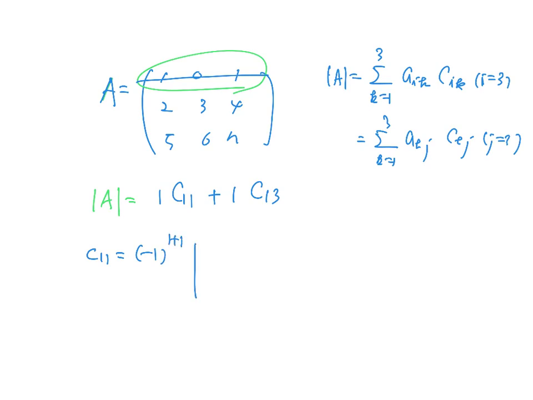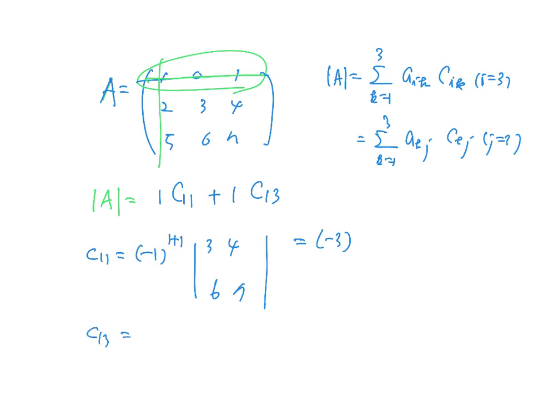You delete the first row and first column. So this 3, 4, 6, 7, which is 21 minus 24, minus 3.